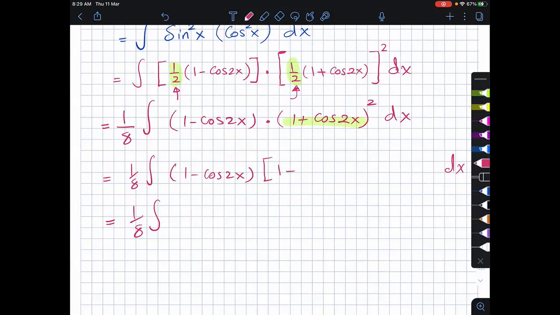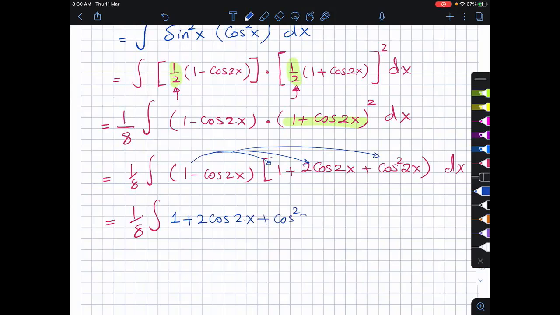1 plus 2 cosine 2x plus cosine squared 2x, and now multiply it by that one. First, it's going to be the same: 1 plus 2 cosine 2x plus cosine squared 2x, for the 1.